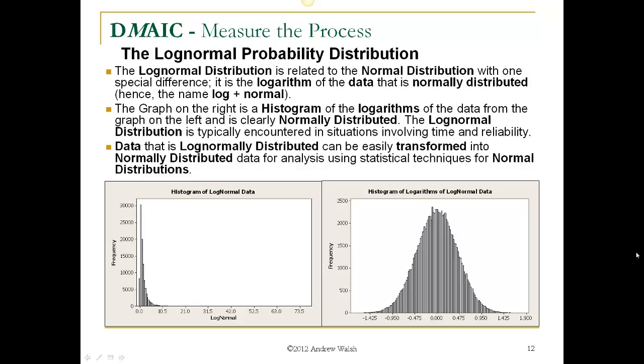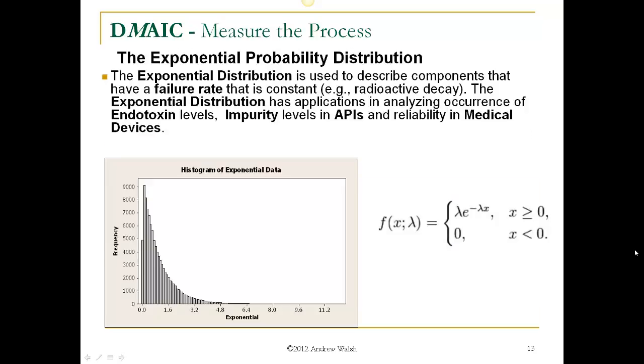Now, data that is log-normally distributed can be easily transformed into normally distributed data for analysis using the regular statistical techniques for normal distributions, and that's a legitimate thing you can do. So if you find yourself with this type of situation, you can always convert the data and perform your magic with these statistical analyses, and then convert back.